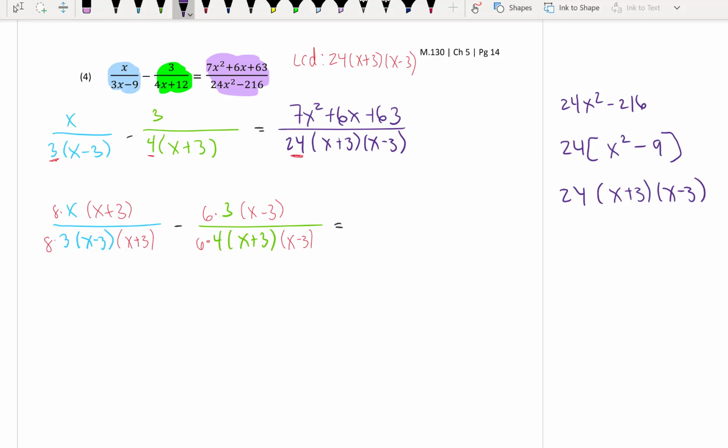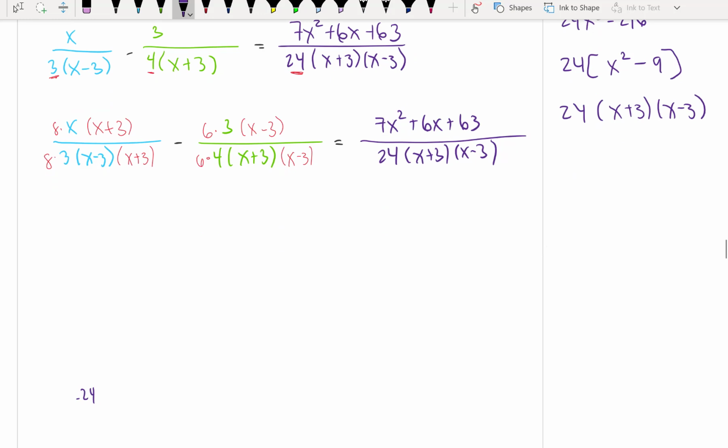And my purple fraction, I don't have to do anything with it. It's already factored as much as possible. So 7x squared plus 6x plus 63, and I have my 24 times x plus 3, x minus 3. Because that denominator happened to be the LCD, I didn't need to multiply top and bottom by anything.